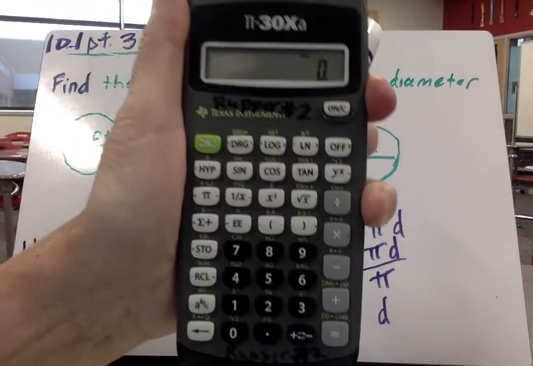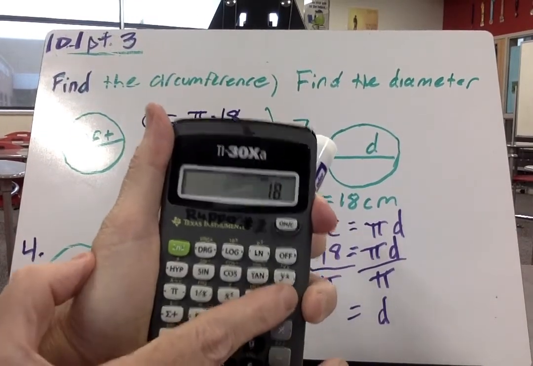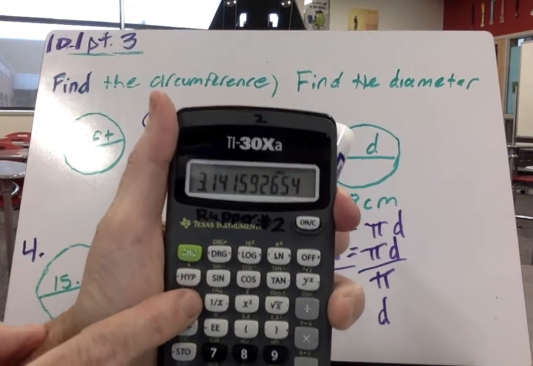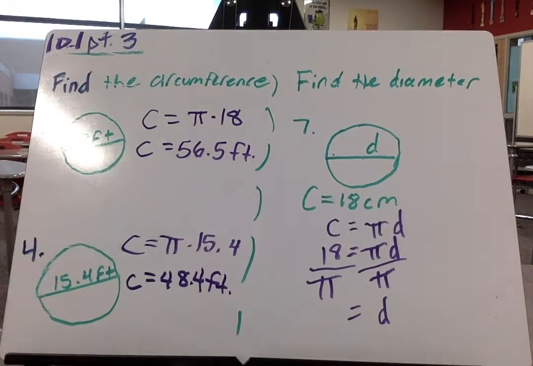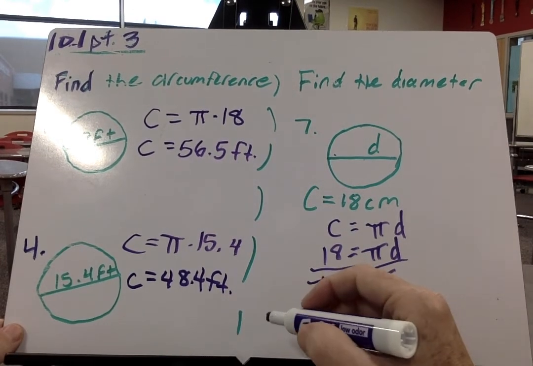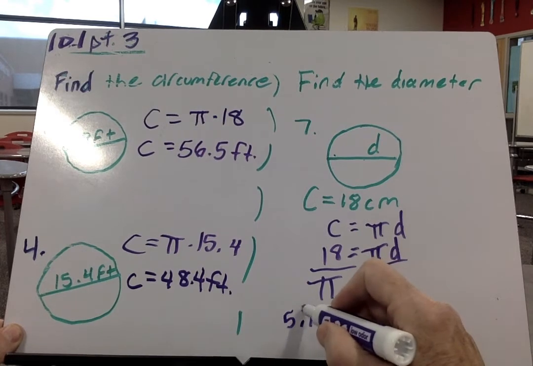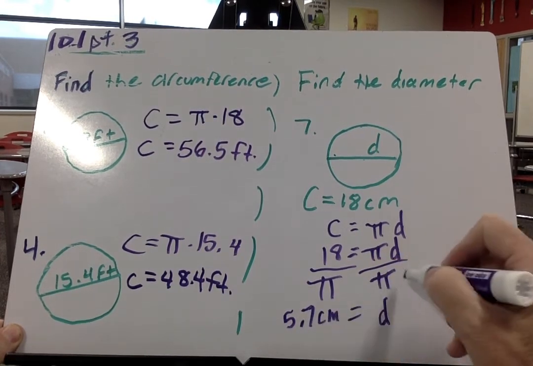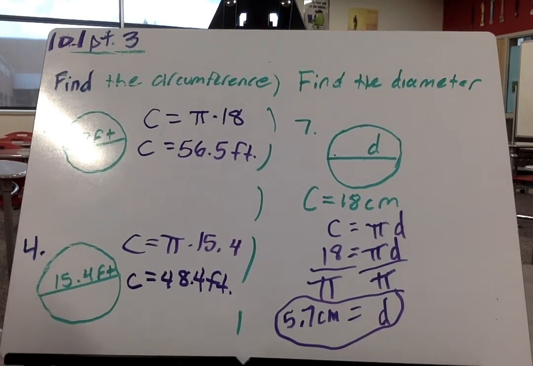So we have our handy dandy calculator, 18 divided by pi, 5.7. So we say that our diameter equals 5.7, and we have to put this in centimeters. Okay, so make sure you put your units in there as well.